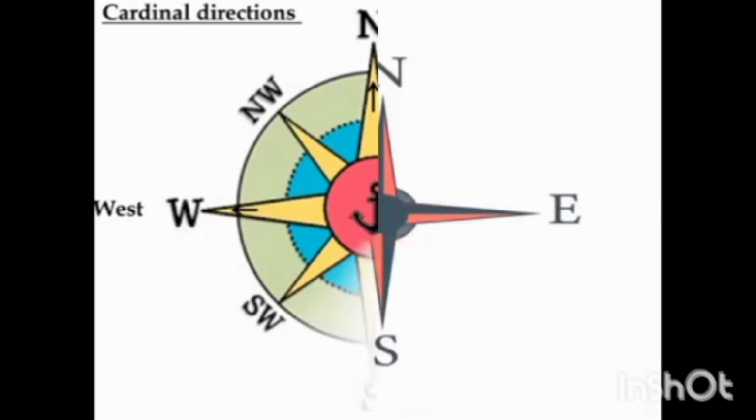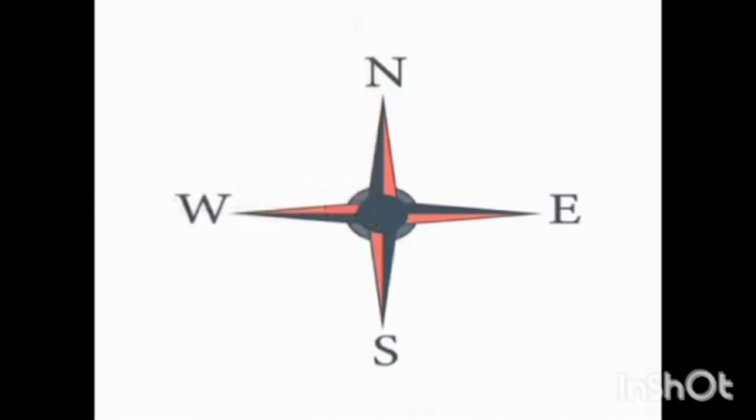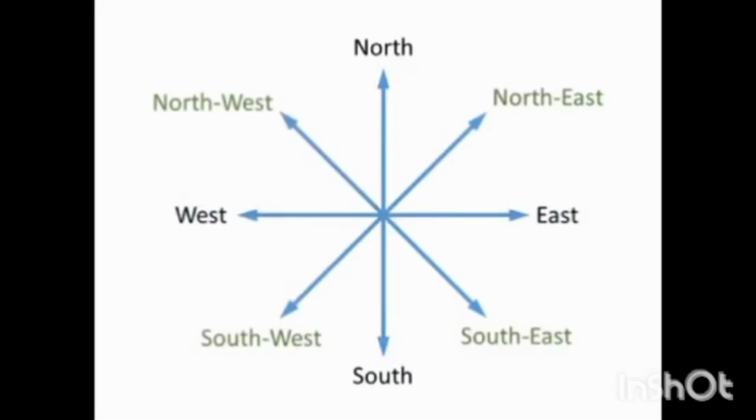In the given image, the arrow pointing to the right indicates the east and the arrow pointing to the left indicates the west. Similarly, the arrow pointing towards the top indicates north and the arrow pointing towards the bottom indicates the south. Along with these four main directions, there are also four main subdirections.